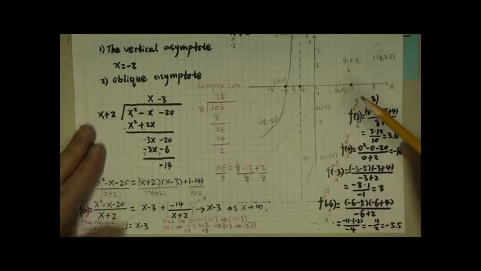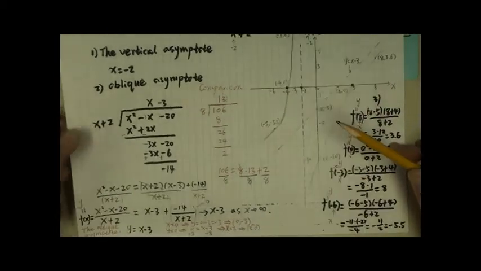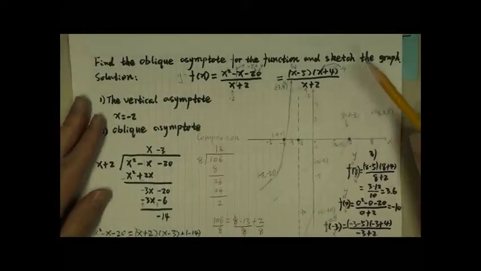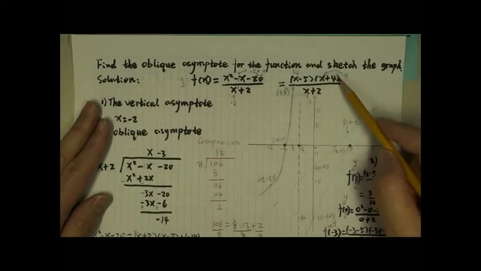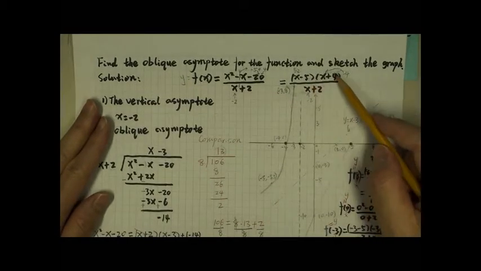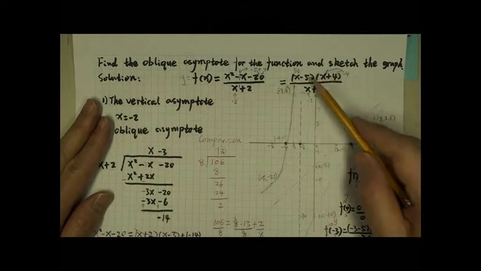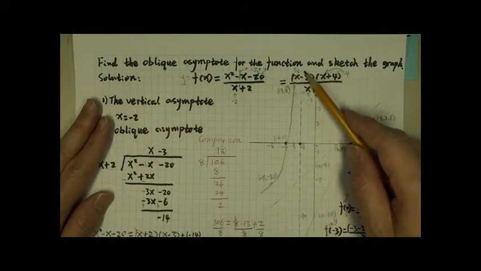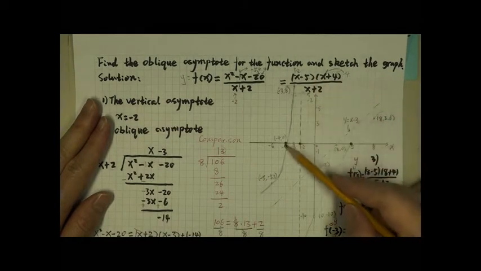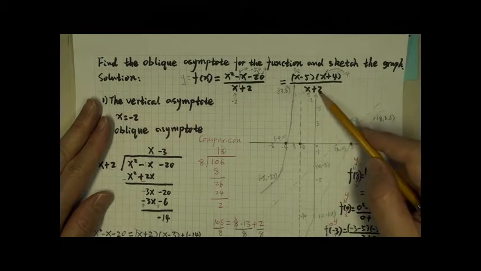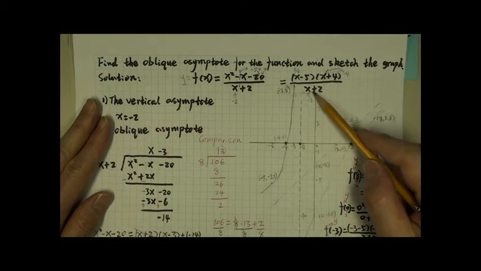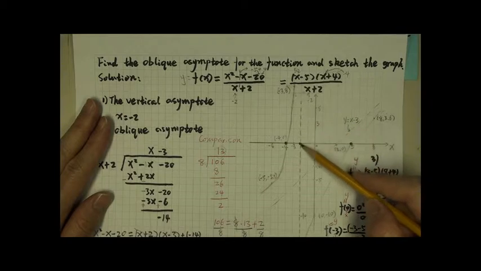Okay. Now, step 3, factor the numerator, and then you have 3 points, 5, -4 as 0 points, plus the 0 point for the denominator.